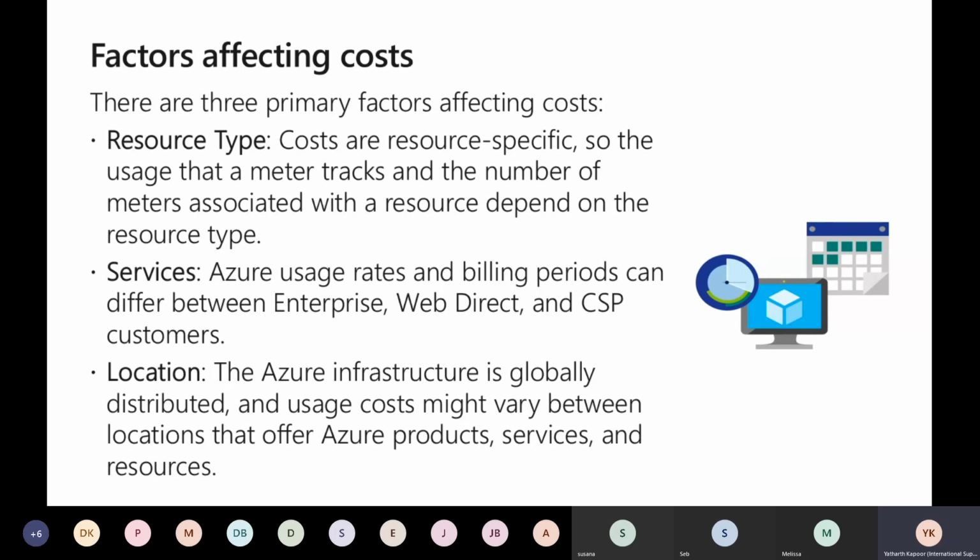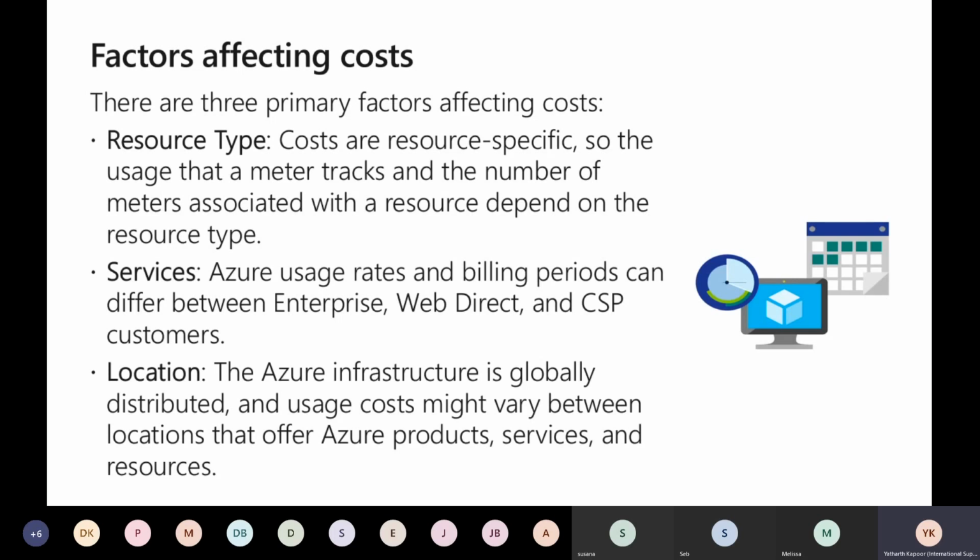When you're going for a blob, are you going for a hot tier or a cold tier? Because that's going to change the cost again. So the type of resource is going to affect the cost. Other than that, services are going to affect the cost. How much you use those services, how you get those services, and which channel you bought from is going to affect your cost as well. Other than that, you have the location.